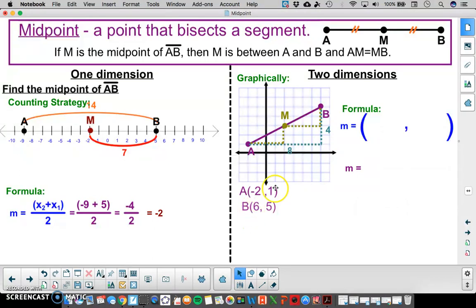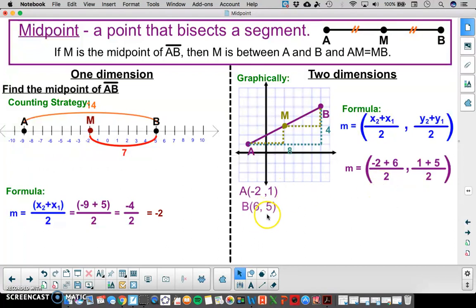Now we could have also used the formula for midpoint. We're taking the average of the x's and the average of the y's to find the middle of each value, which is what we did graphically, and now we're going to do it algebraically. So we'll take the x coordinates of the 2 points, add them together and divide by 2.